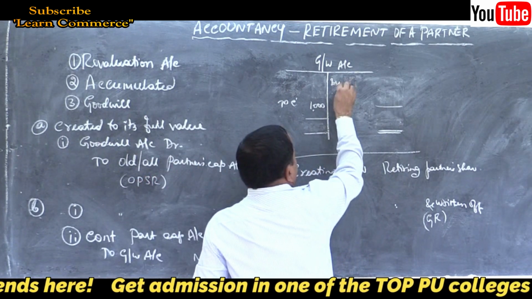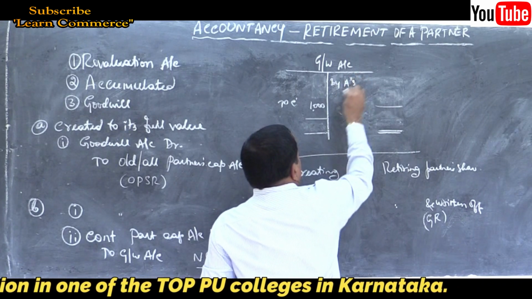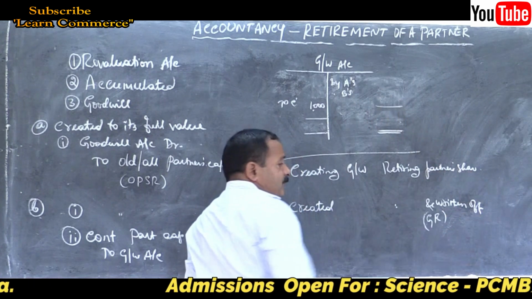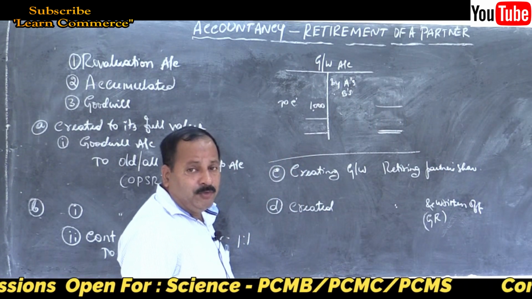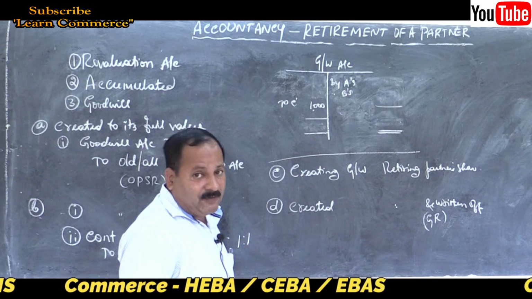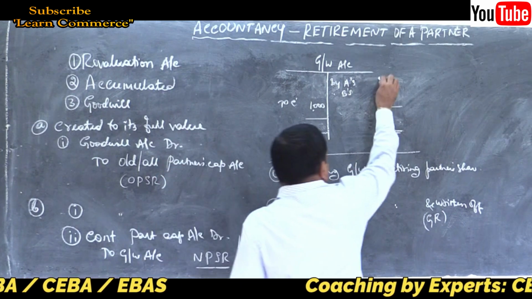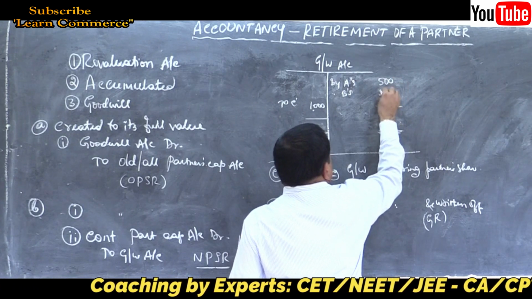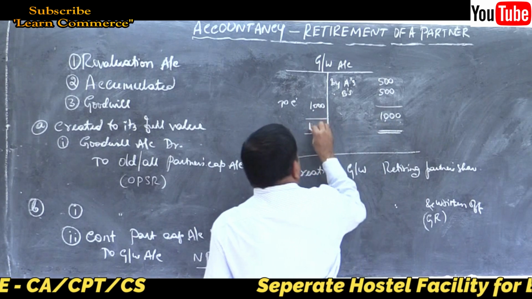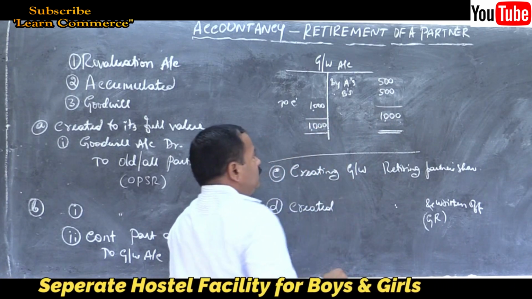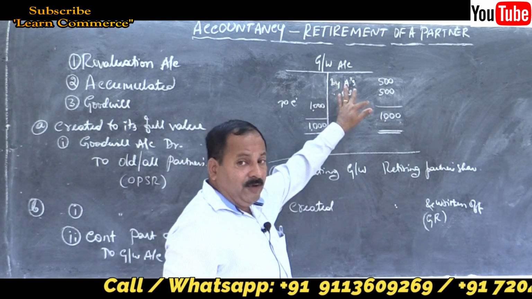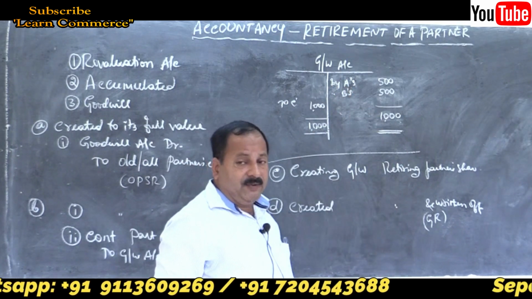So what we will do here is, by A's capital account, by B's capital account in their gain ratio. Let us assume their new ratio and old ratio were equal, then their gain ratio also remains equal, 1:1. So it will be 500 each. So it will be 1000 here and 1000 here. So this is what the goodwill will be. And see the goodwill account, whether there is any balance in the goodwill account now.